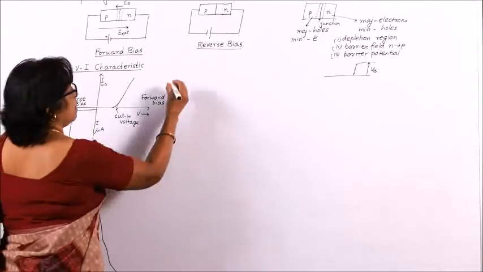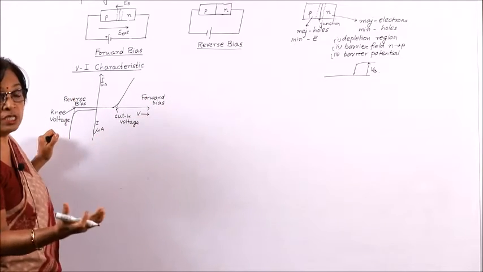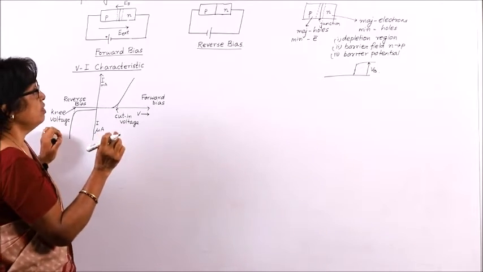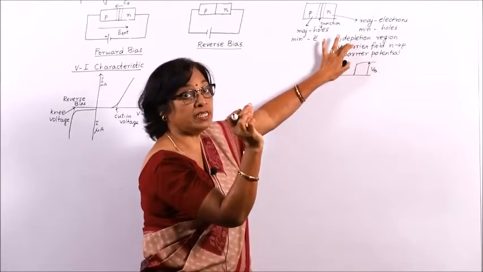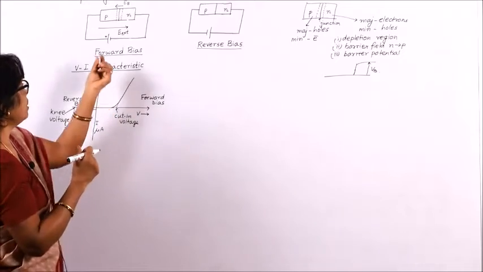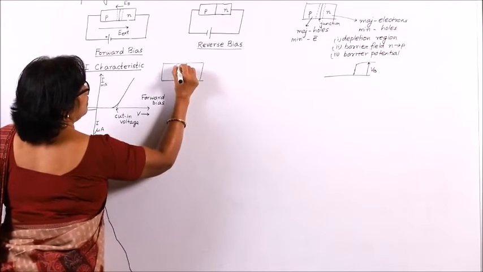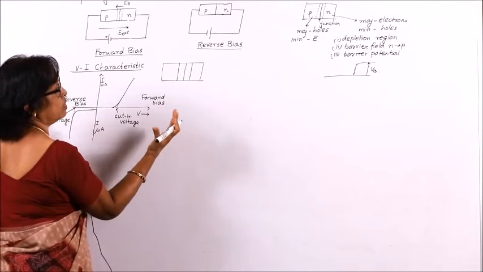So, the first thing that happens is that the barrier field reduces, the width of the depletion region decreases, and the barrier potential also decreases. If your PN junction is like this, this was the width of the depletion region before voltage was connected.